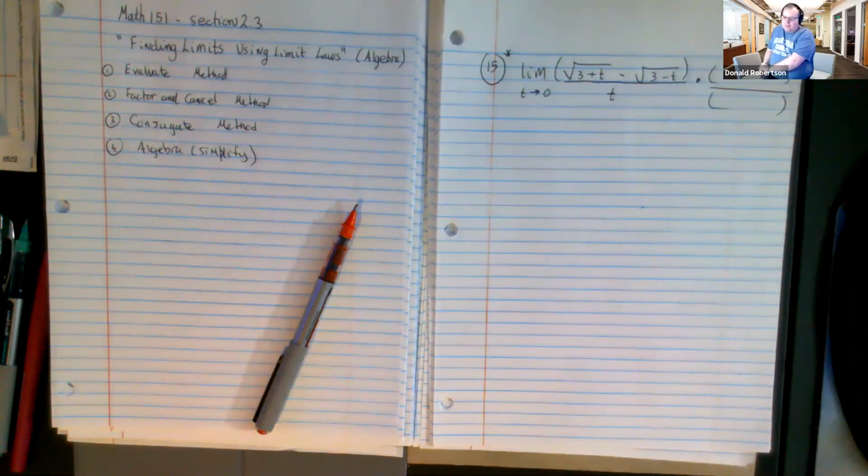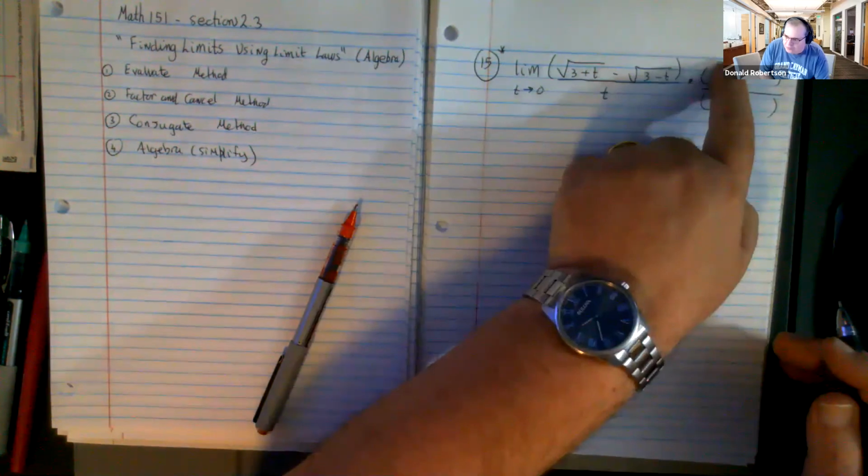Conjugate method happens when square roots are involved, right? Would you agree this thing has some square roots? But this time, 2 square roots. Normally it's a square root of 3 plus t minus 4, right? It looks like that, right? I'll take a volunteer. What's the conjugate going to be? What's these two guys?